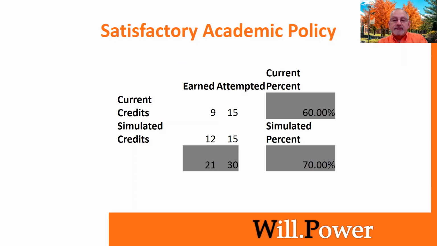The next student in their first semester earned 9 credits out of 15 attempted, at 60%, but in their second semester they did even better. They earned 12 credits, attempting 15, and that brought their completion rate up to 70%.